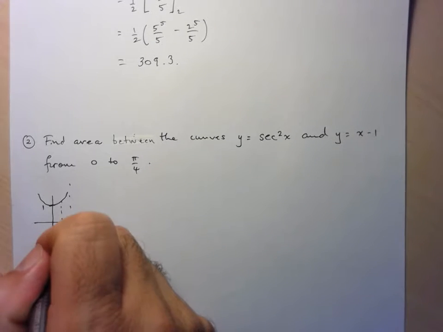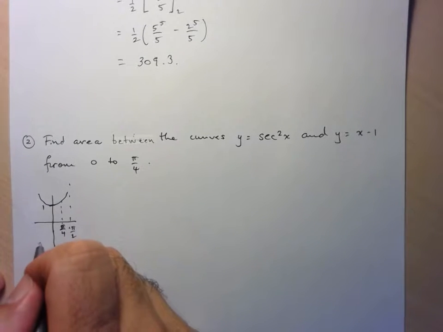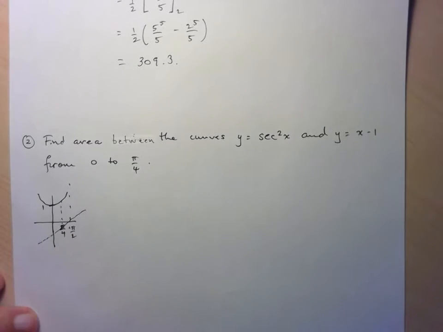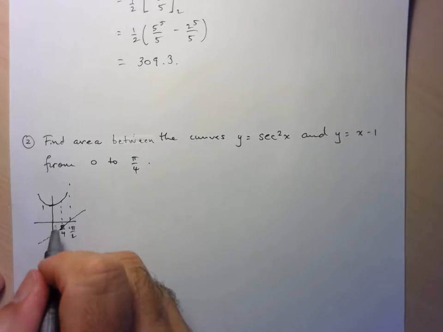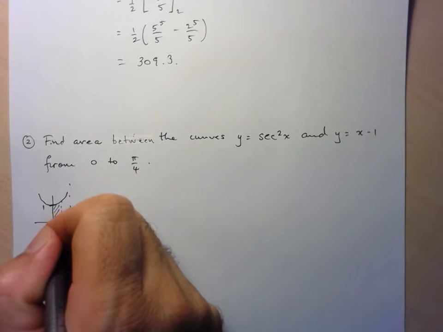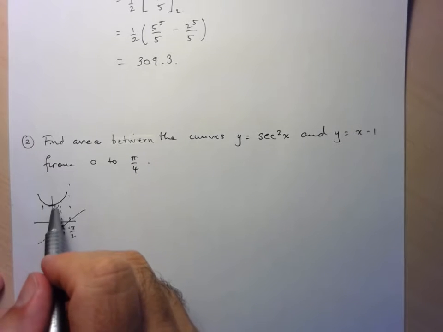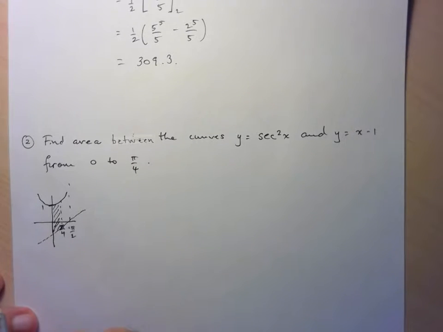Now if I look at my other function, x minus 1, well, pi over 4 is less than 1, so this function is going to look something like this. So x minus 1 is always smaller than secant squared x. So if we're looking for the area between the curves, it's just a matter of subtracting the bigger function by the smaller function.